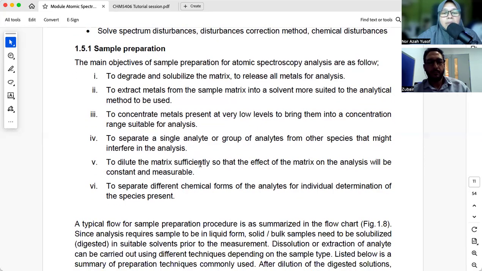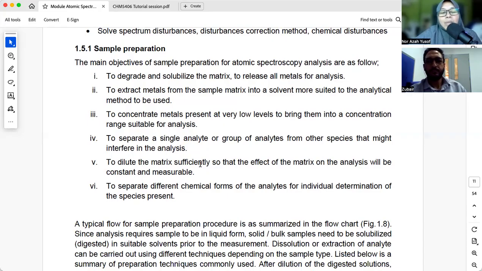Okay, to dilute the matrix sufficiently, what is the meaning of matrix? Matrix is where the metals come from in the sample. For example, if you're talking about coconut water, inside the coconut water there is sugar, for example glucose, and any other materials.